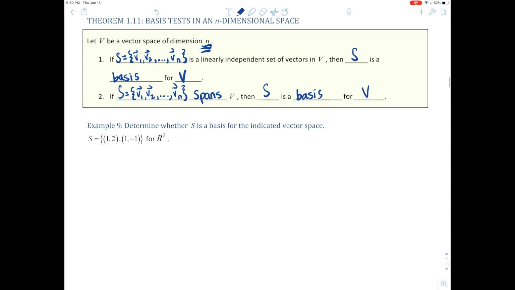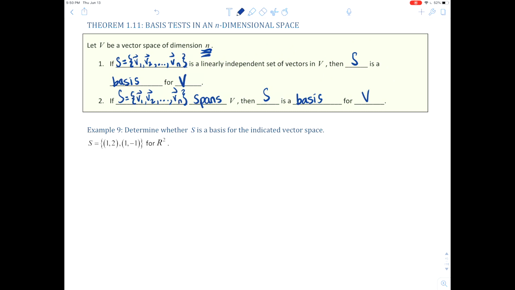So let's look at this next example. Determine whether S is a basis for the indicated vector space. Well, personally, since we don't have determinants to use, I think it's easier to find out if something is linearly independent or not.